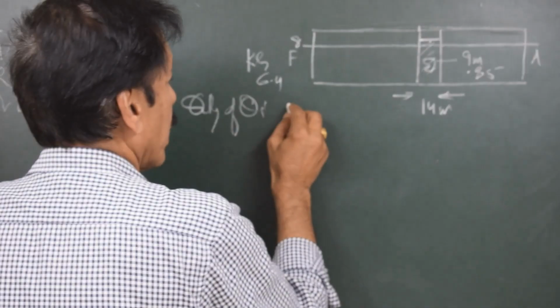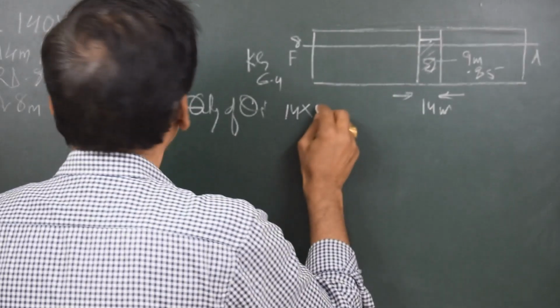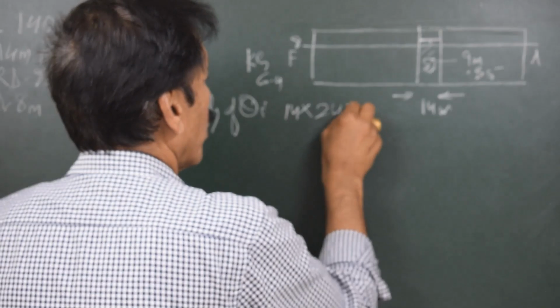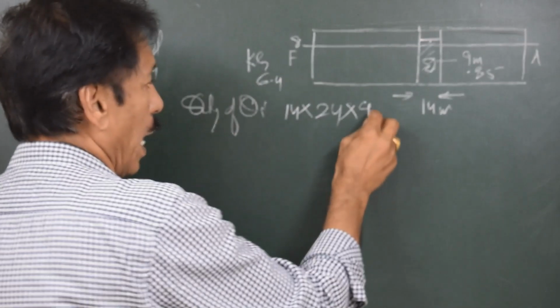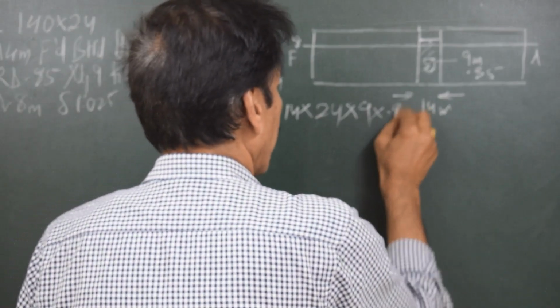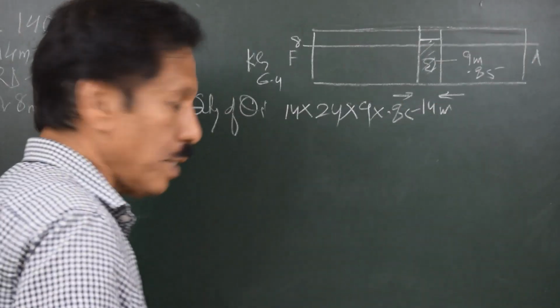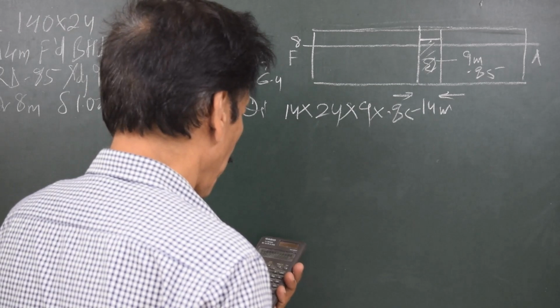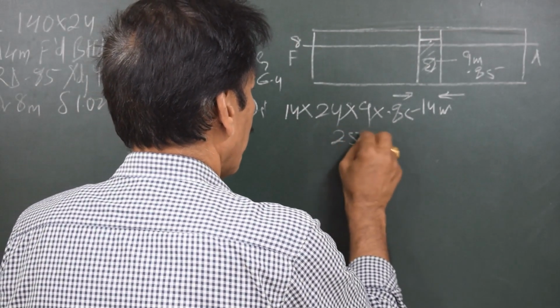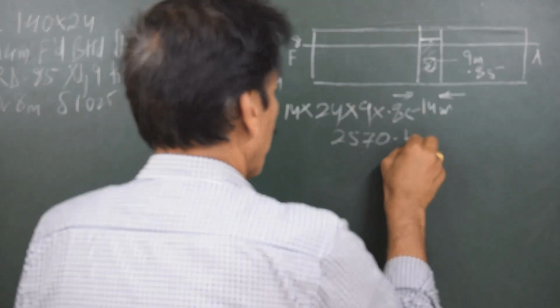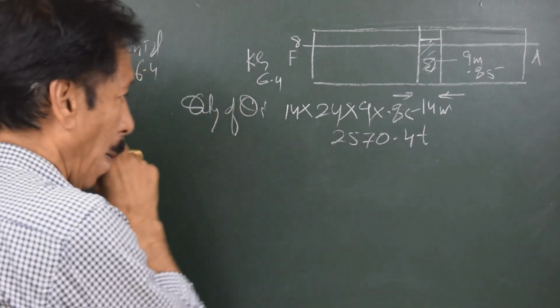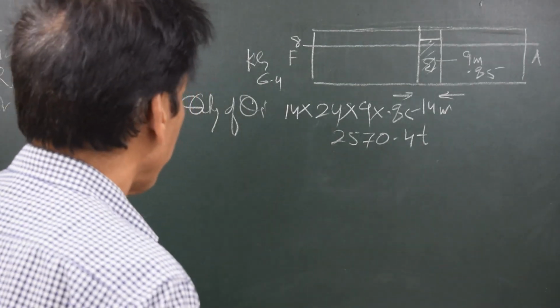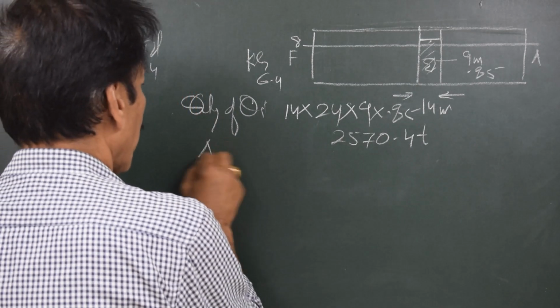The quantity of liquid or oil is 14 into 24 into 9, and I will multiply this with 0.85. That gives me 2570.4 tons. So much of oil is there. Let's find out the displacement of the craft.